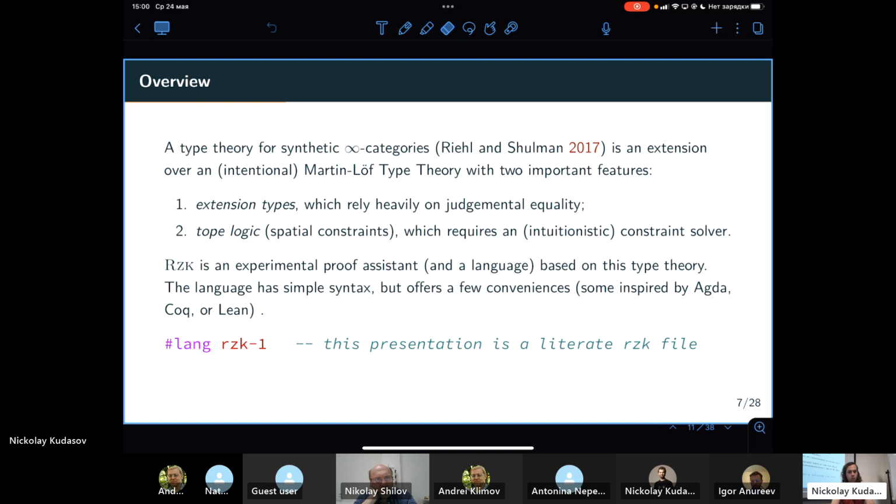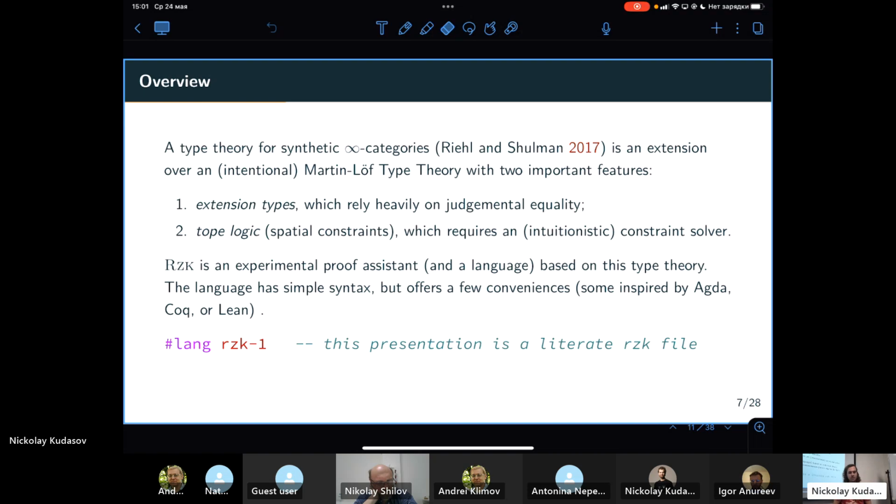So to this end, what they do is they start with an intensional Martin-Löf type theory, which is a dependent type theory with dependent functions, dependent sums, and the identity type, and we'll get some examples of those in a second. But on top of that dependent type theory, which is somewhat known, there are two important features.